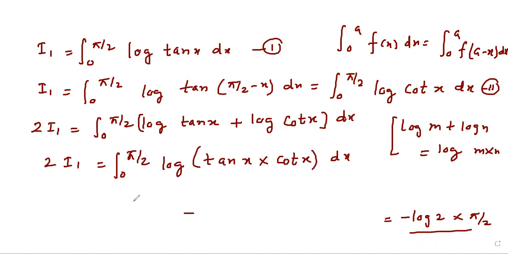So tan x into cot x will give 1. So integral 0 to pi by 2 of log 1 dx, and we know log 1 is 0. So this entire integral will become 0. Hence our answer will be this.